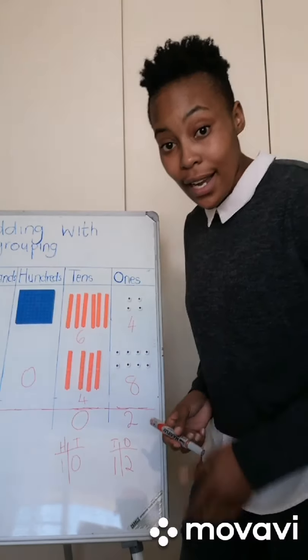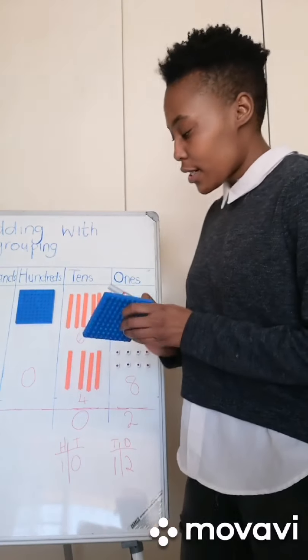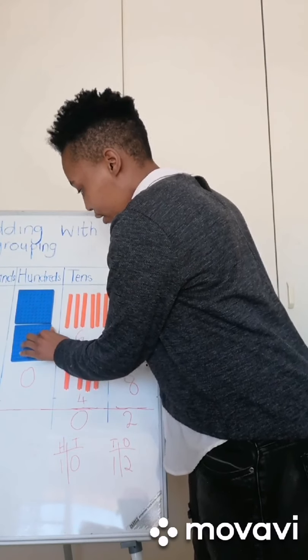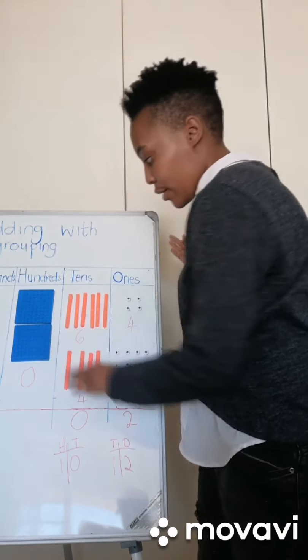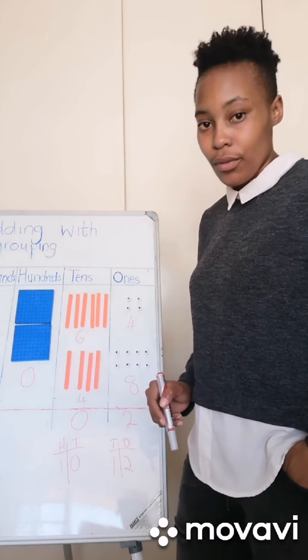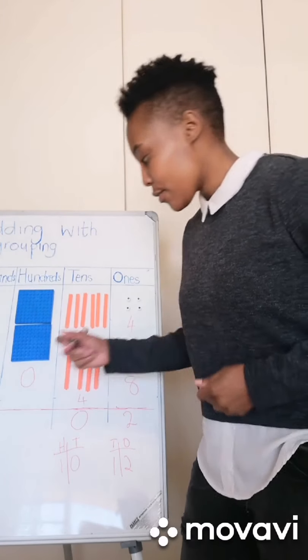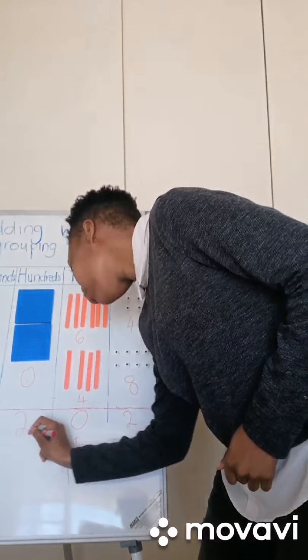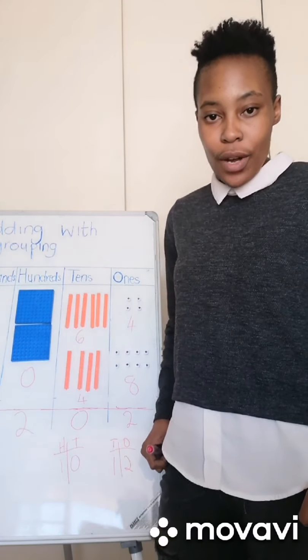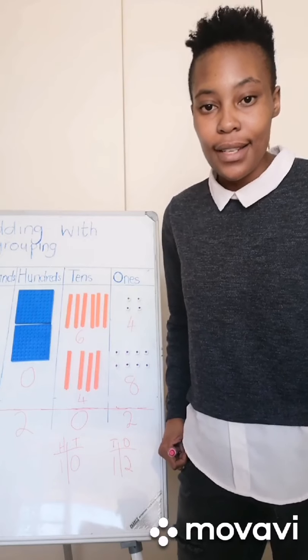And where does the 100 go? We share the 100 and we put it under the hundreds. This is how we have regrouped using our base 10 blocks. Now we have 100 add 100, that's 2 hundreds, add 0, that's 2. And our answer is 202.